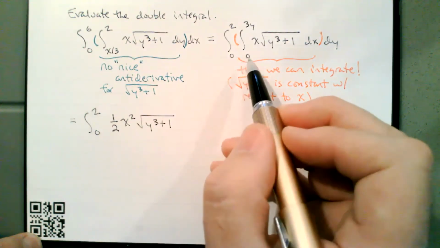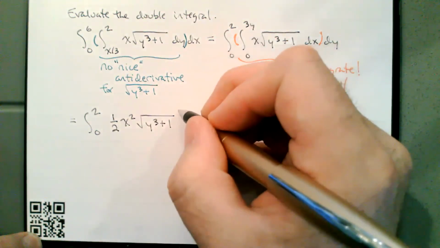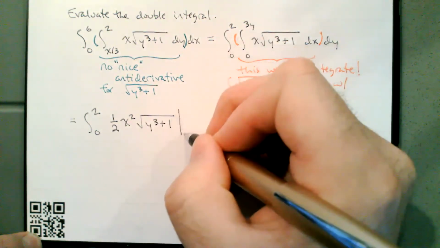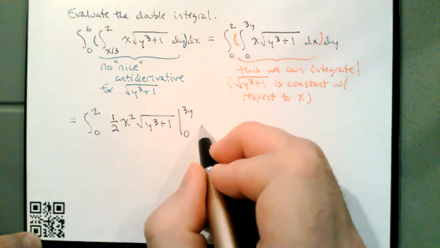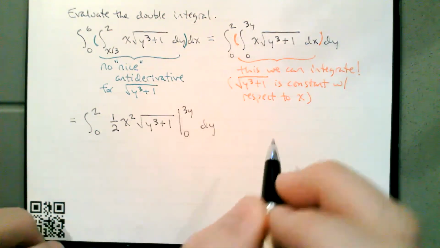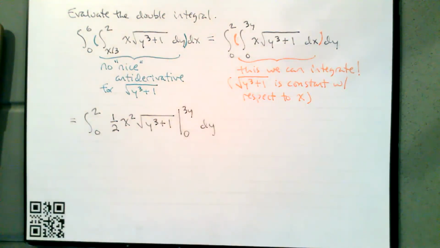And then we evaluate from 0 to 3y. This is all still inside the integral dy. Now, at this point, you should notice that eventually we're going to have to integrate this dy. So I hope you got some kind of plan up your sleeve, because the bill is going to come due on this square root of y cubed plus 1.